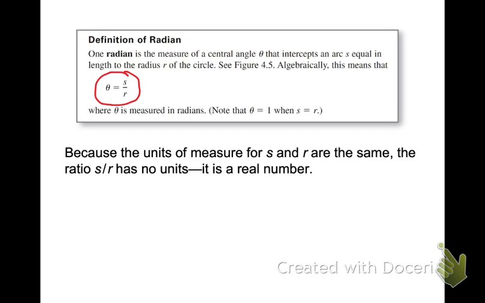And what that means, here was the picture, right? Just the portion of the circle. Well, this was R. This is S. And theta is an angle, yes?